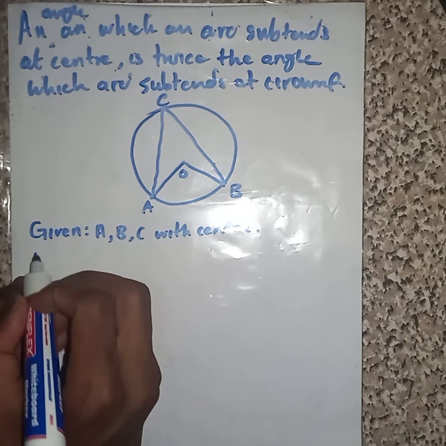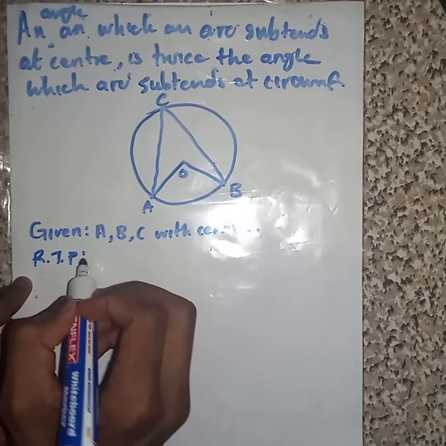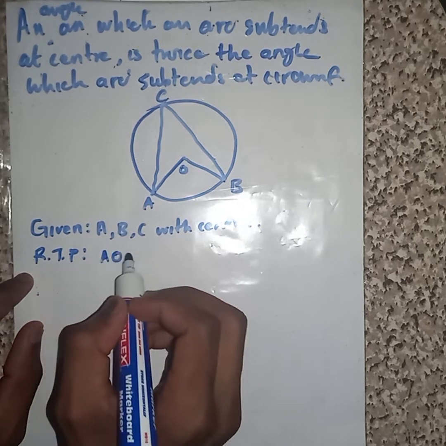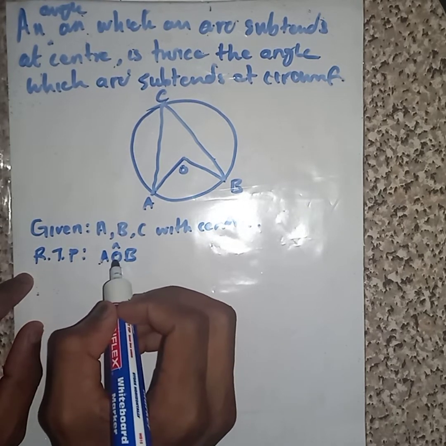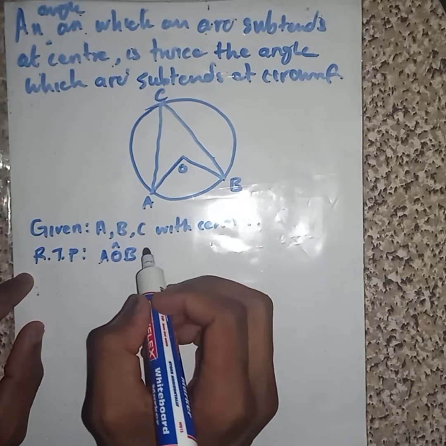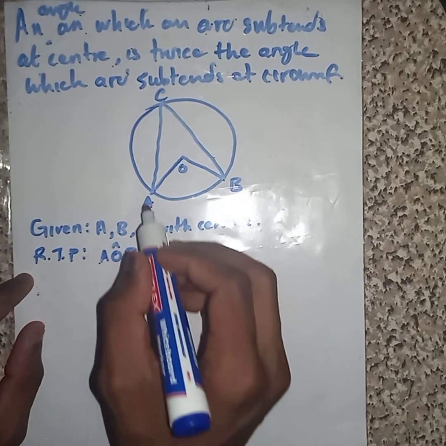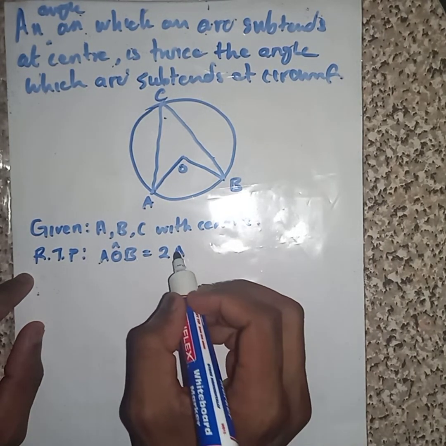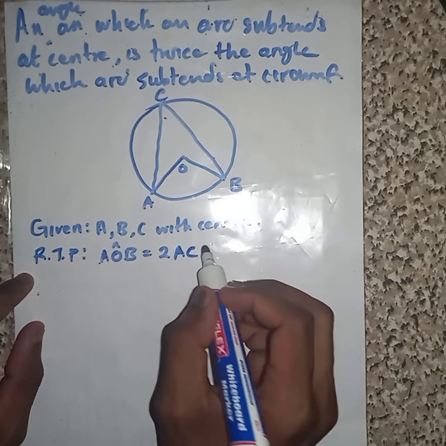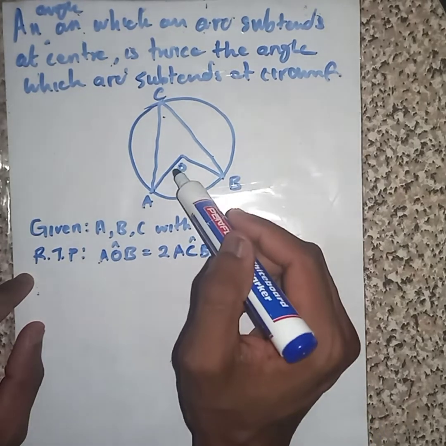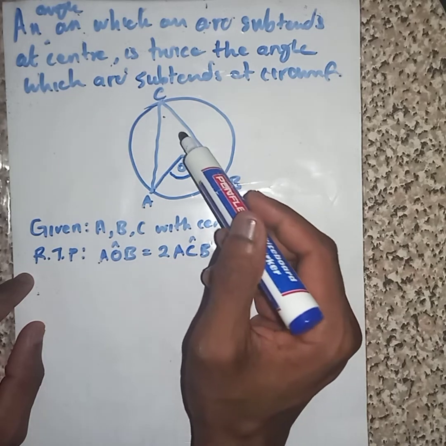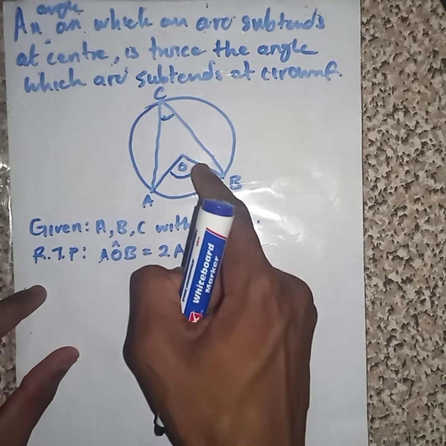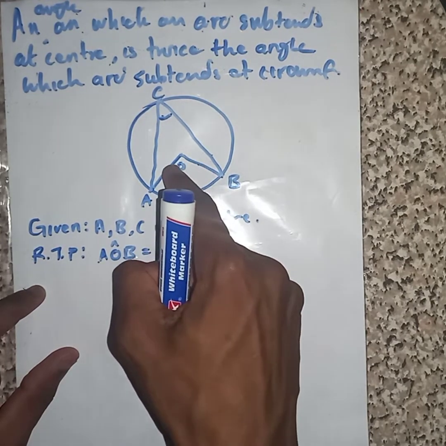Then now we must prove that angle AOB is twice angle ACB. We must prove that this one is twice this one. See? Then how are we going to do that?